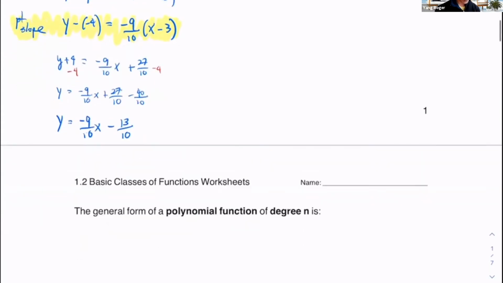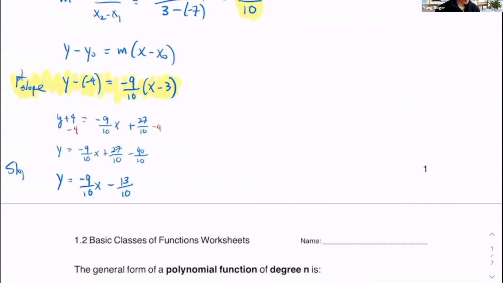And that's going to be your slope intercept form. This is the way that we usually write the equation of our lines. So that's this guy. Any questions? All right.